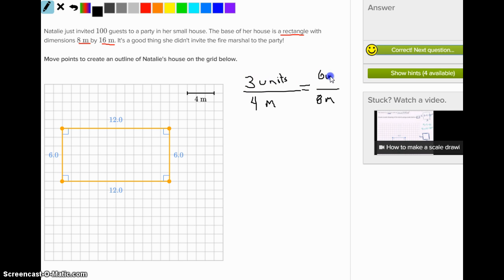I get 6 units. And then I can solve with the same proportion using the same scale. 3 units on this scale drawing is 4 meters. So that means if I want 16 meters, I'm going to have to multiply by 4 here, and I'll have 12 units.